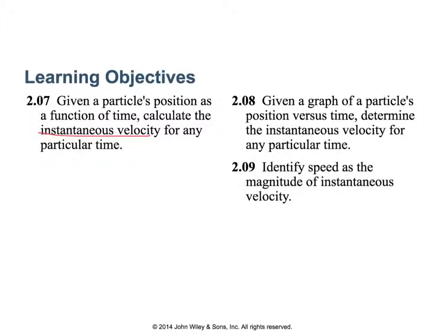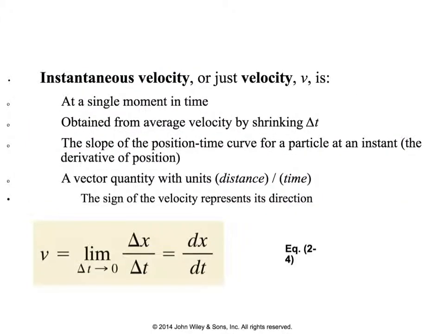Just like I said on the last slide, the speed is not always the magnitude of the velocity. That's when dealing with average. But you'll find here that when we deal with instantaneous velocity, the speed is the magnitude of the instantaneous velocity. So we have to create a separation between average velocity and speed and instantaneous velocity and speed. So what is instantaneous velocity?